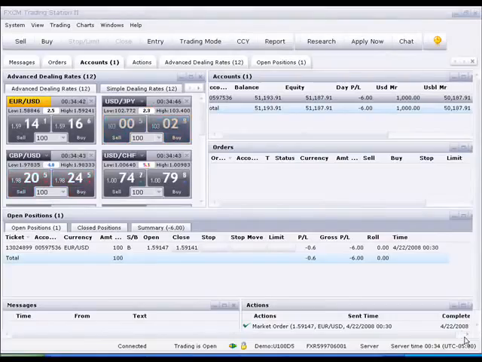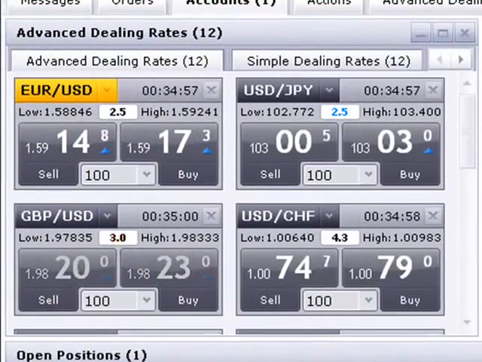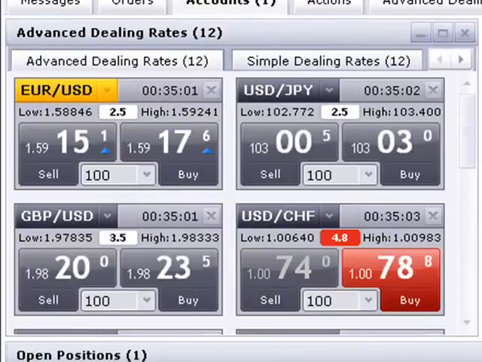We are going to get into more in-depth examples in our next lesson, but to quickly demonstrate the relationship between the used margin and the usable margin columns, let's left click in the dealing rates window and open a 2-lot position of euro dollar, which will bring the total in our account to 3 open contracts.